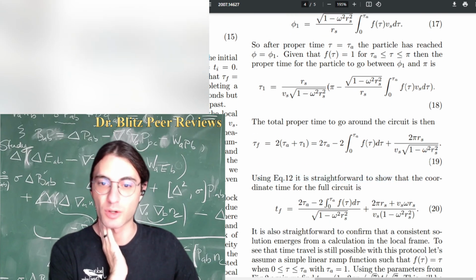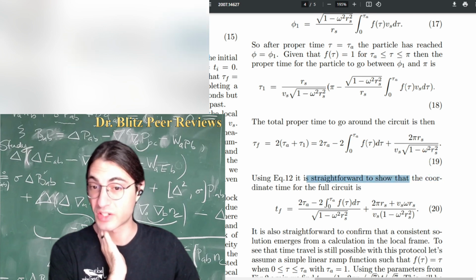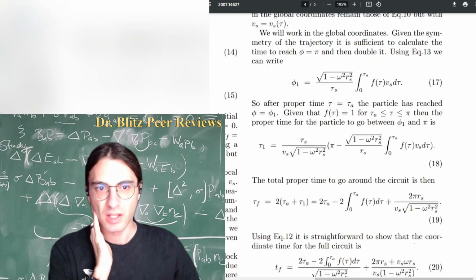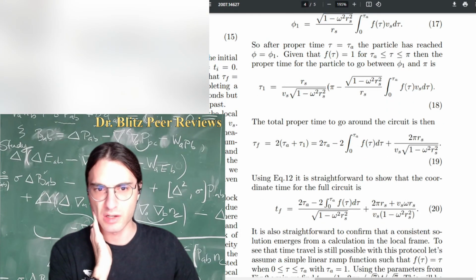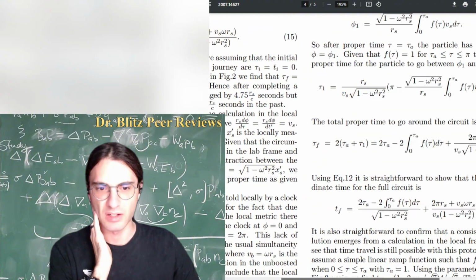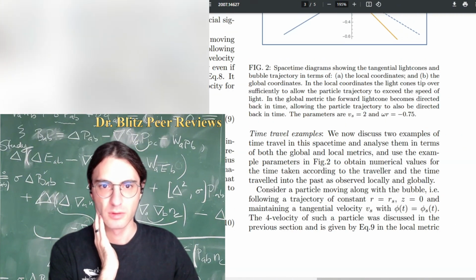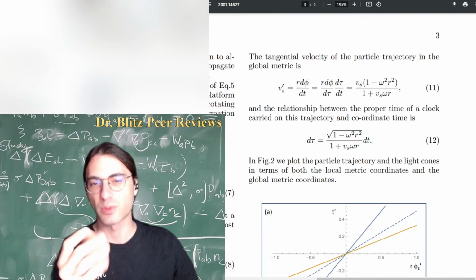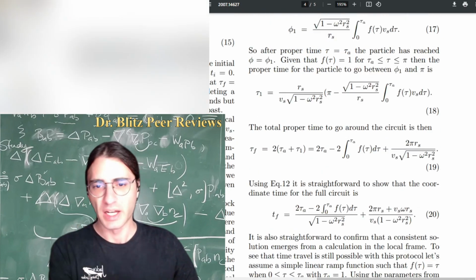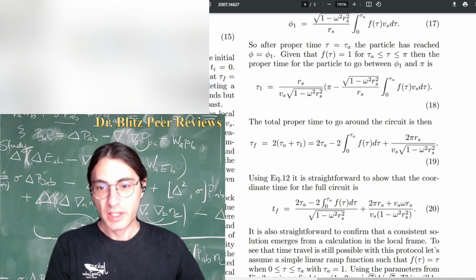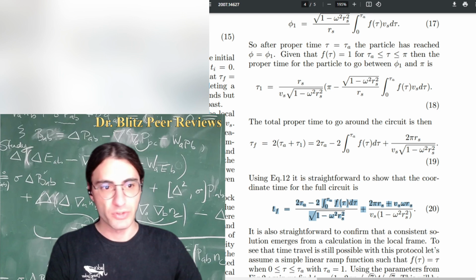And then, using equation 12, it's straightforward to show that the coordinate time for the full circuit, so they're going to have to plug in f of tau. And they also need, yeah, they need using equation 12. Which one's equation 12? Equation 12 is here. Oh, that's just relating d tau to dt, which is fine. So they have what tau is. They need t. So here's the coordinate time for the full circuit.